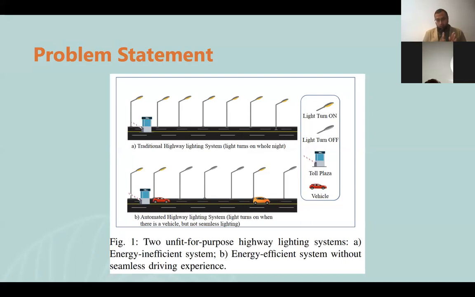Moreover, when you are driving on a highway where you are paying the toll, you don't want this kind of experience. You want the entire road to be smooth, with no problem of electricity. This is from the user perspective.